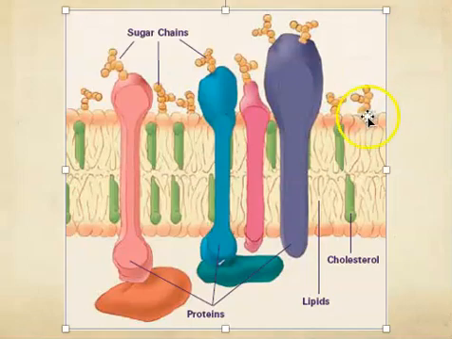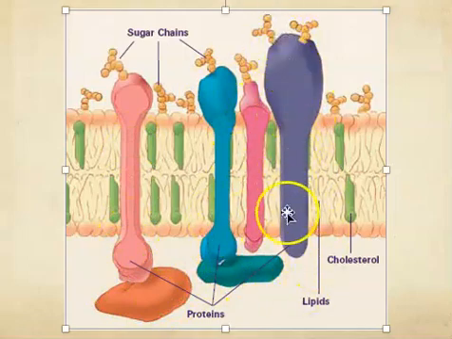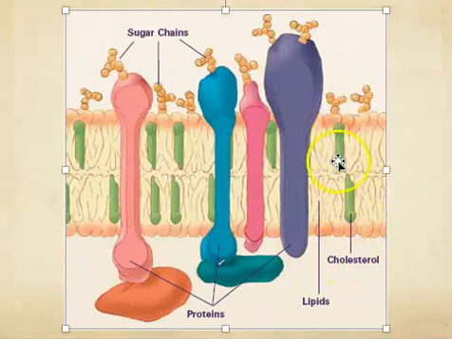We also find carbohydrate chains attached to the heads of ordinary phospholipids. You can see a whole range of proteins embedded in this membrane. All of these brightly colored structures represent different types of membrane proteins. You can also see these green structures here. This represents cholesterol in this membrane.